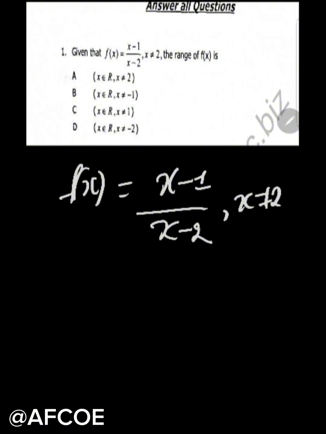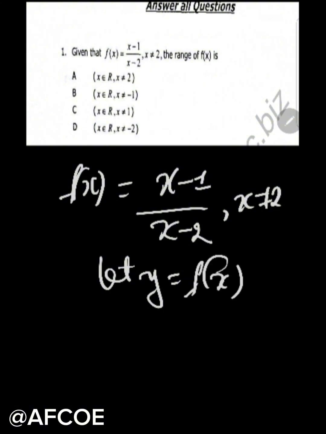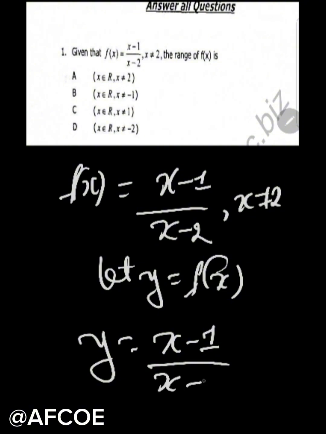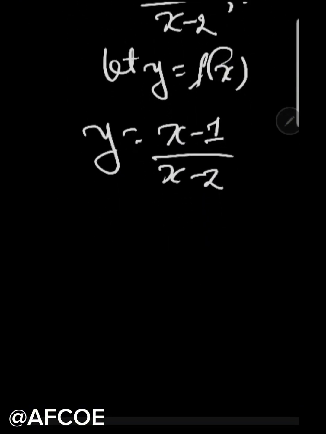So to find the inverse of a function, you let y be equal to that function. In this case, our function is f of x, so we let y equal f of x, which gives y equals x minus 1 on x minus 2. Now from here, you make x the subject, and to do that we cross multiply.